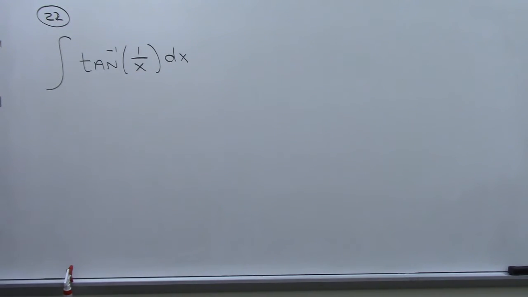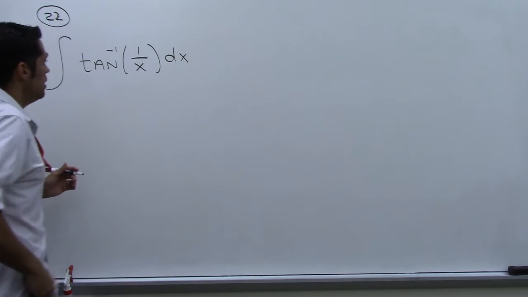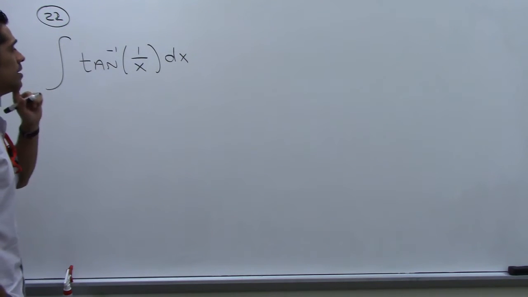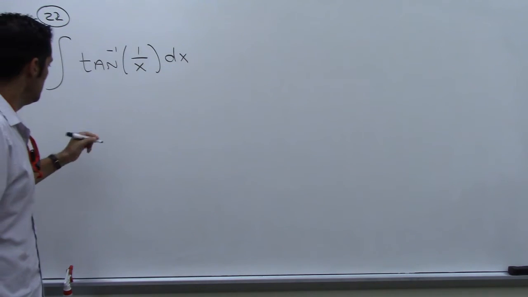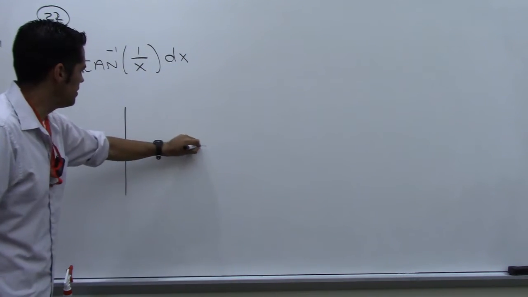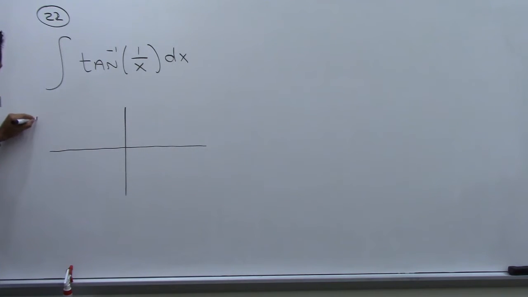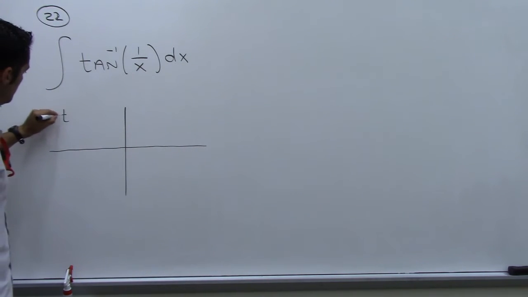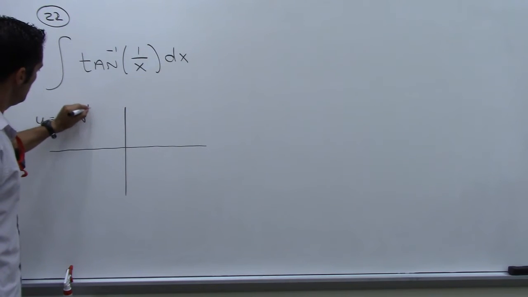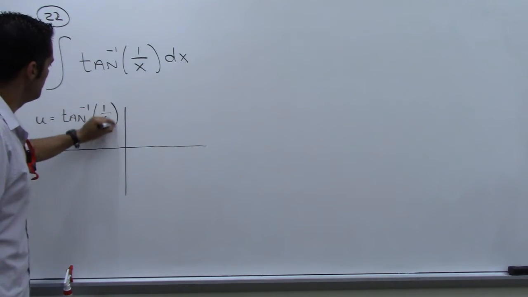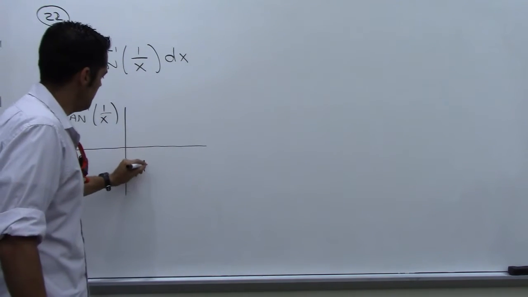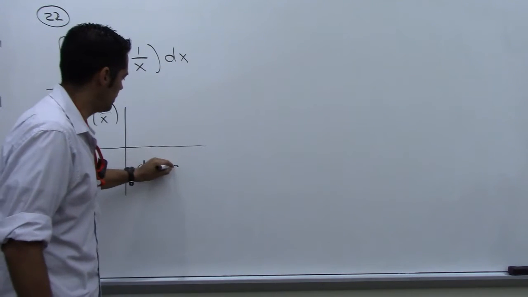So this is one of those ones where we don't have a lot of choices for u other than this itself, and it doesn't look like things are going to be nice, but let's just try it to see what happens. So I'm going to let my u be the arctangent of 1 over x, and then dv by default has to be the dx.